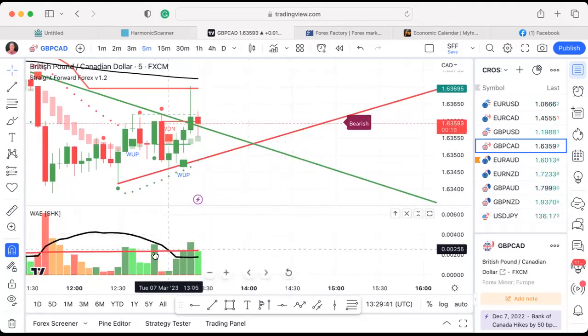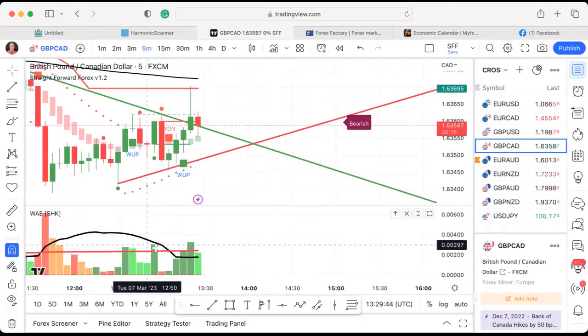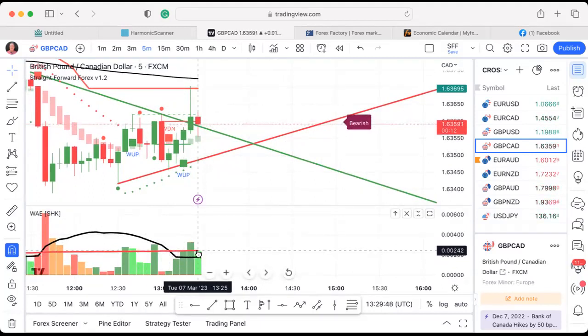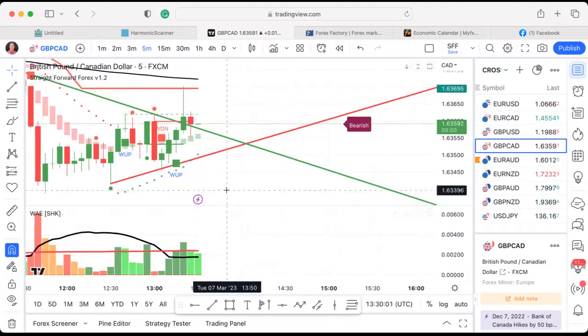So here we've got the explosion line, which is below the dead zone. So that's a no-no. I'm not going to get in for a buy there. It's saying that price is rising, but it's not rising enough. There's insufficient momentum, and we can see that in the candles.